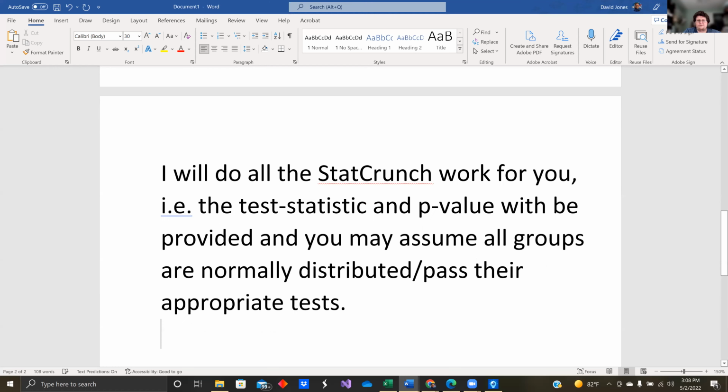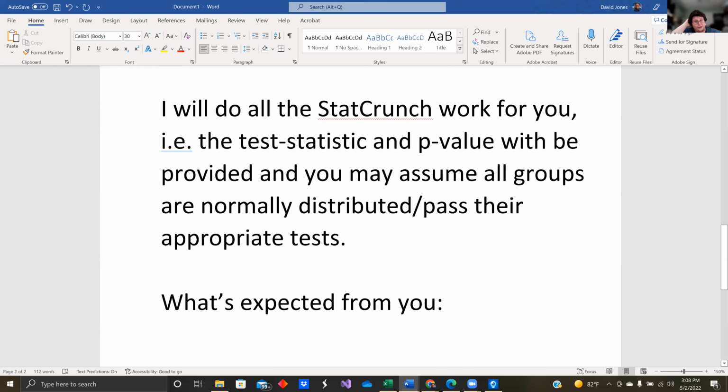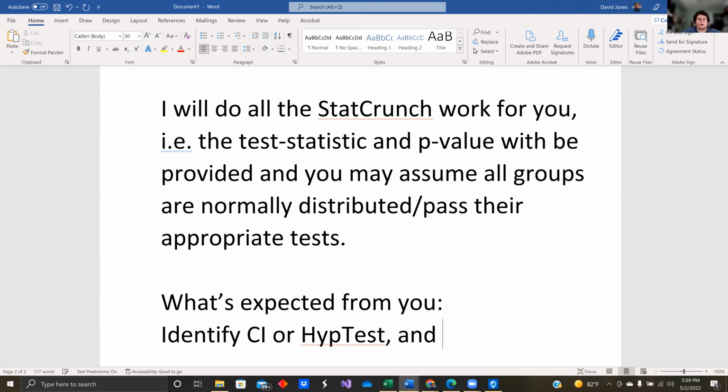So what's expected from you? Since I'm doing all the math for you, you've got to do the hypothesis test for me. First off, identify whether it's a confidence interval or hypothesis test, and which one.